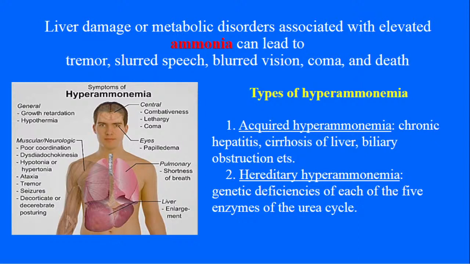So liver damage or metabolic disorders associated with elevated ammonia can lead to symptoms like tremor, slurred speech, blurred vision, coma, and even death.